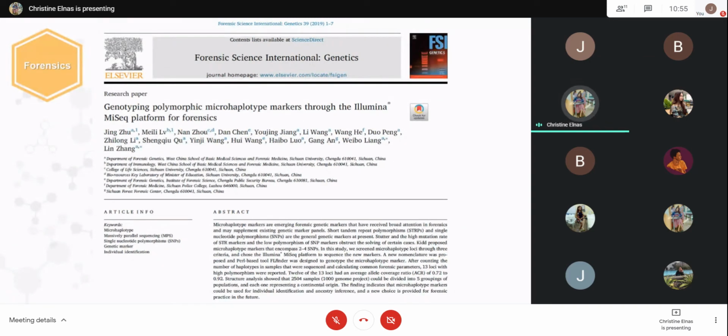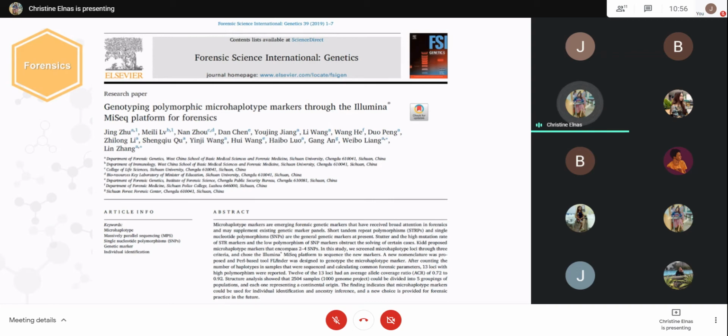So going to forensics, the study of Jingzhu et al., genotyping polymorphic microhaplotype markers through the Illumina microsequencing platform for forensics. In this study, the microhaplotype markers were evaluated to see if they could really be a new choice in forensic practice in the future.